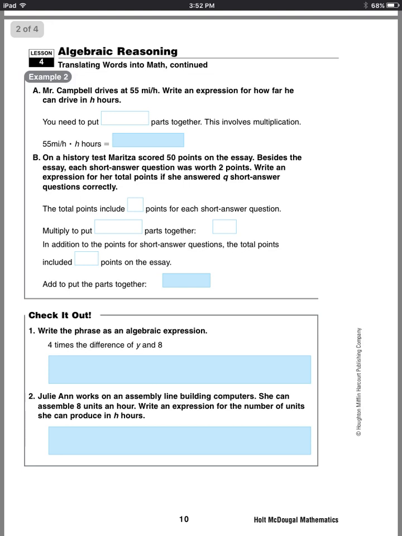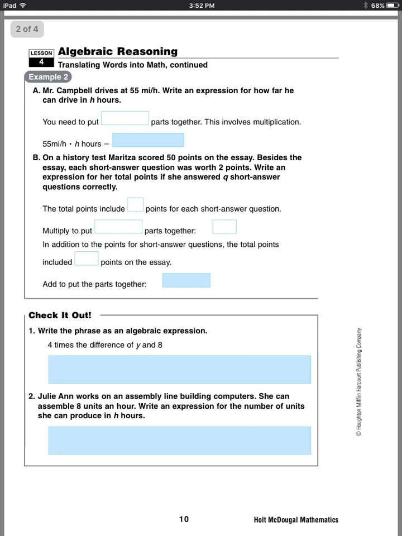So, Mr. Campbell drives 55 miles per hour. Write an expression for how far he can drive in h hours. So let's think about this for a second. I'm driving to Anchorage, and I am going 60 miles per hour. Well, I want to know how many miles I can get in 3 hours.